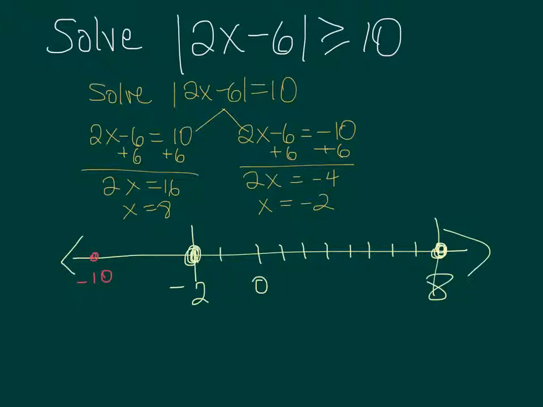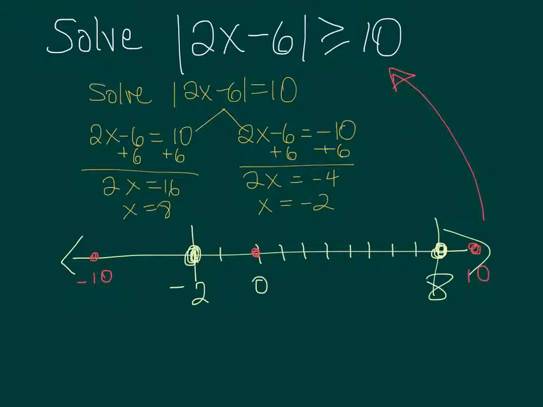Let's choose a test point between negative 2 and 8. So 0 is always a good test point to choose. Or another test point that's bigger than 8. We'll choose positive 10. And plug each one of these test points into the original inequality, and let's see whether it's true or false.